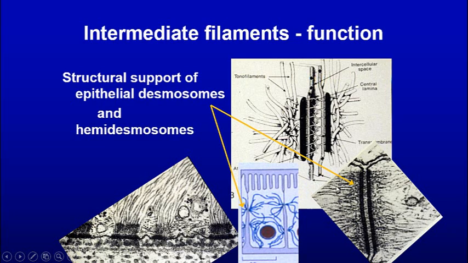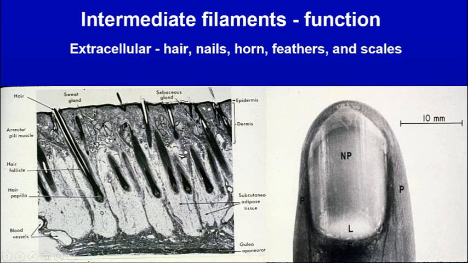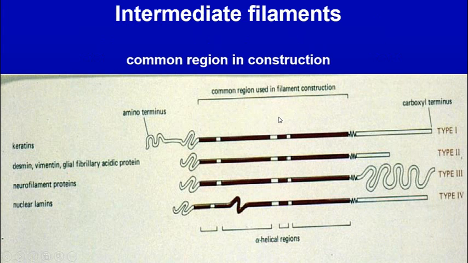And so here we can see desmosomes is what holds cells together. Hemidesmosomes is at the bottom of the cell, and here we see collagen. So intermediate filaments also function as an extracellular component you see in nails, you see in feathers, scales is what we see.